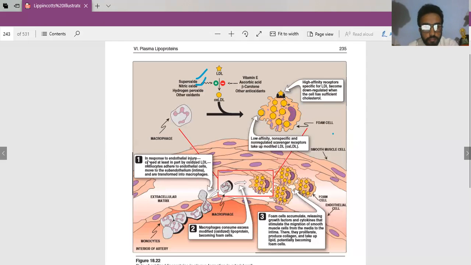So first, in response to endothelial injury, which may be due to the hypertension or which may be due to increased level of low density lipoprotein, caused at least in part by oxidized LDL, low density lipoprotein.